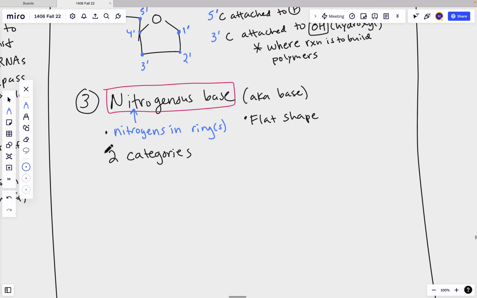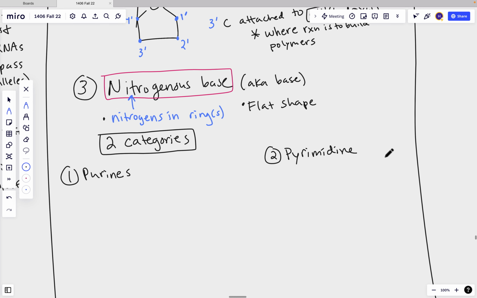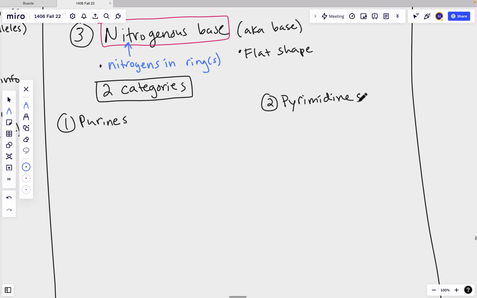There are two categories of nitrogenous bases. There are purine bases. And then way over here, I'm going to write pyrimidine bases. Purines, you don't need to know this exact structure, but they're 2 rings.